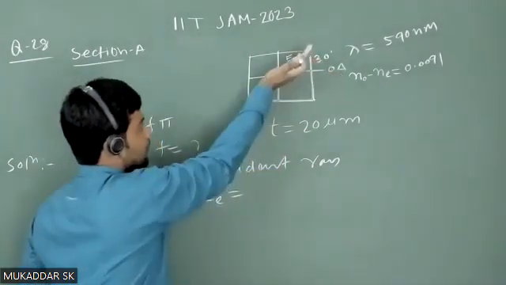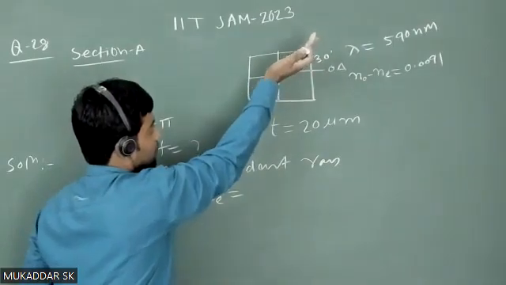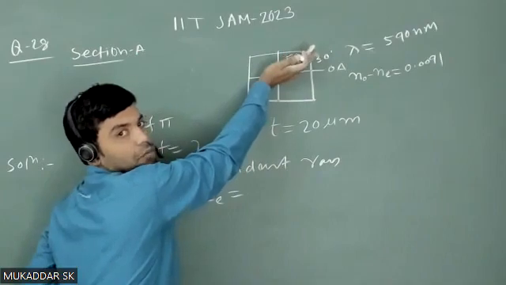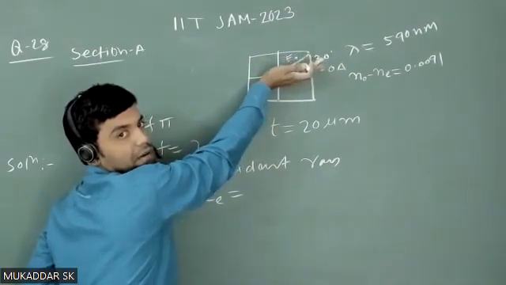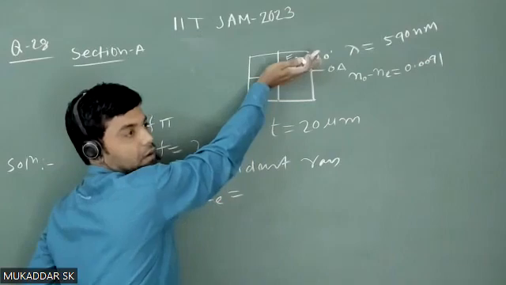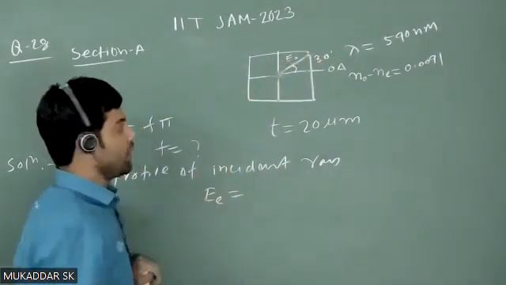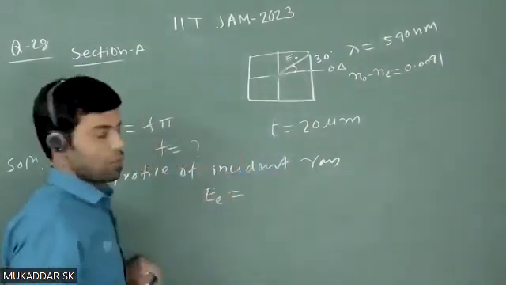As you know, if plane polarized light is incident at an angle theta, it will be split into two components in a double refracting crystal. The component along the optic axis will be the E ray, and perpendicular to the optic axis will be the O ray.